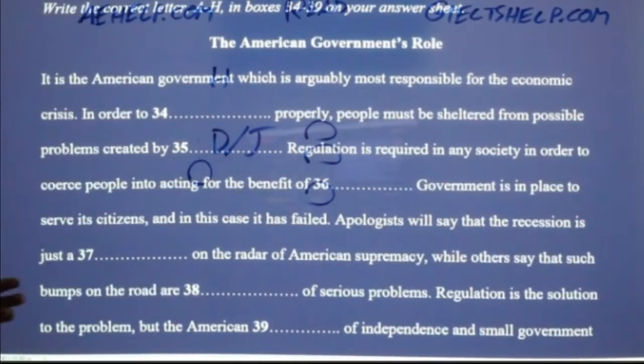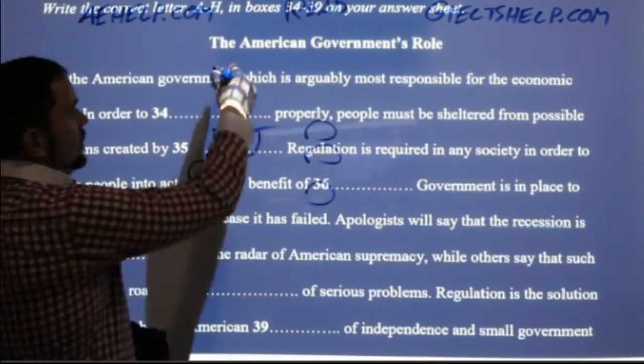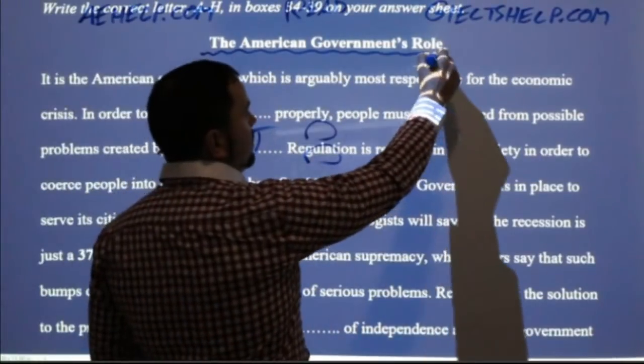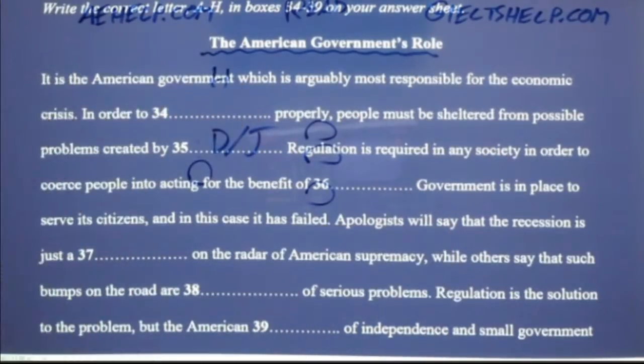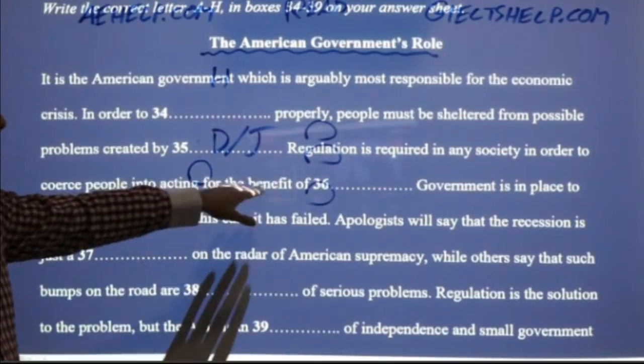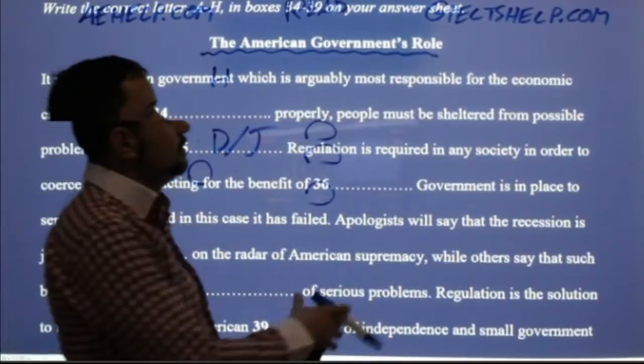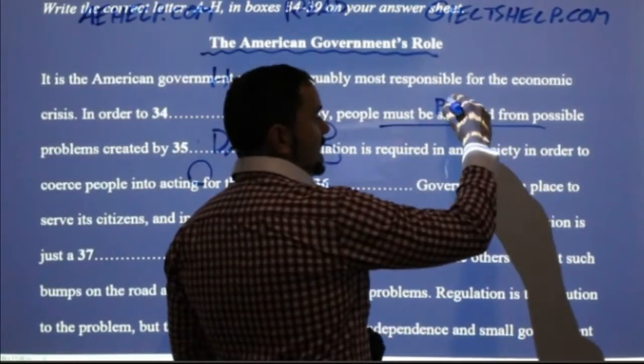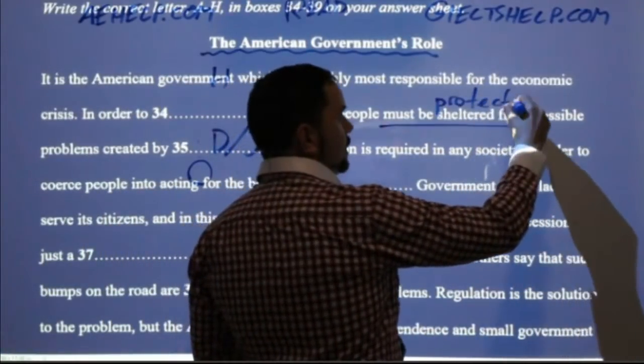Now, remember, it's a summary of the American government's role. Another way I can figure this out is to go back to that paragraph and check. People must be sheltered or protected, right?